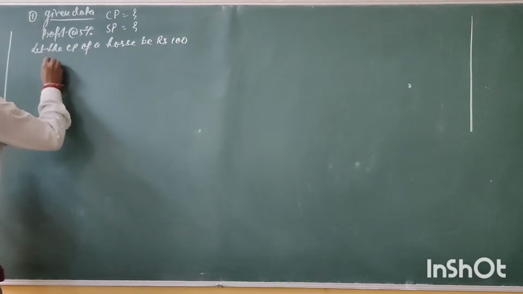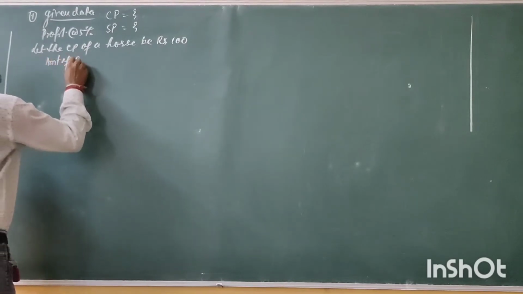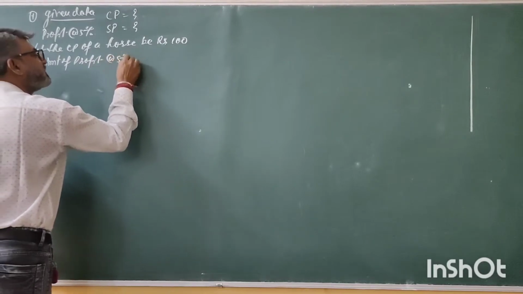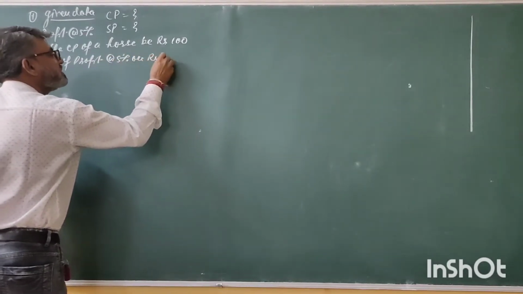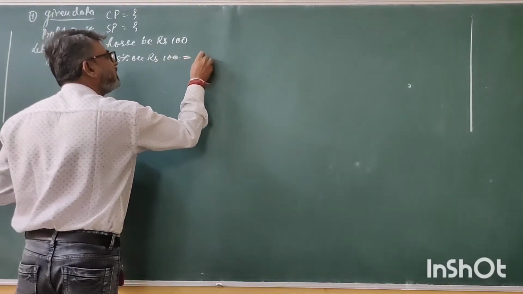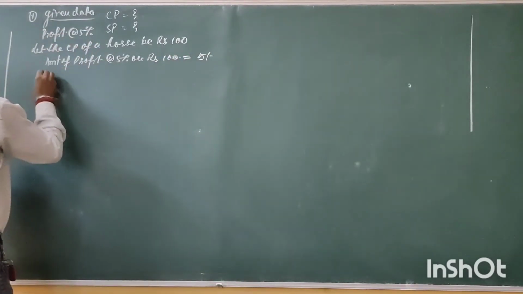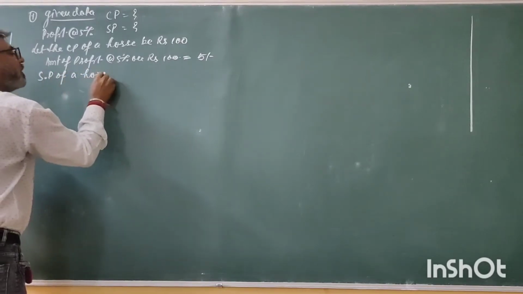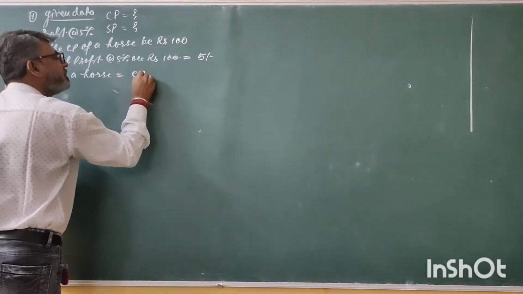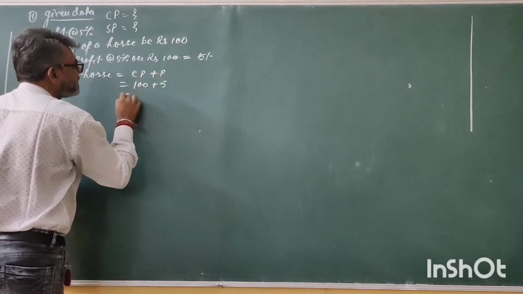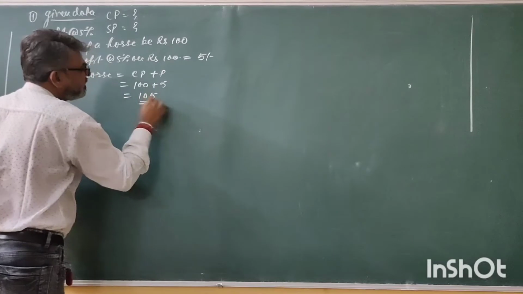Therefore, amount of profit at the rate of 5% on ₹100 is equal to 5. Now SP of a horse is equal to CP plus profit. Therefore 100 plus 5 is equal to 105. Clear?